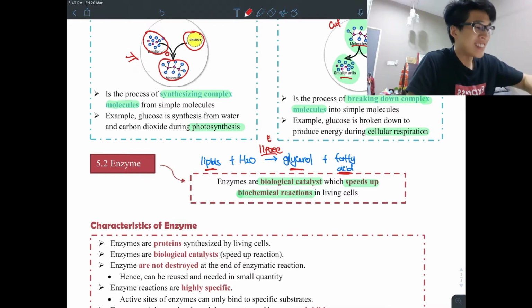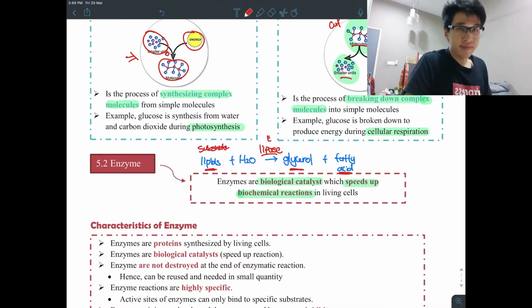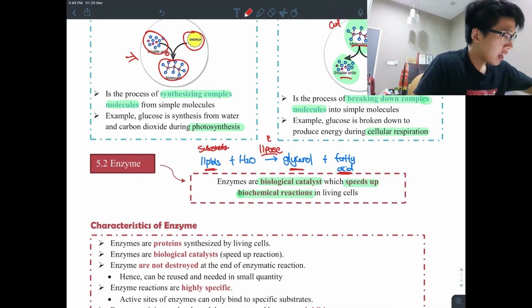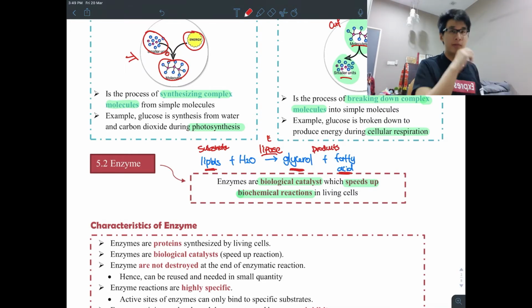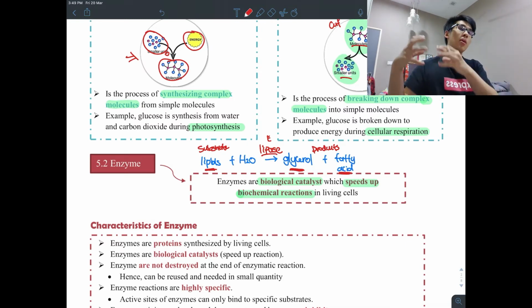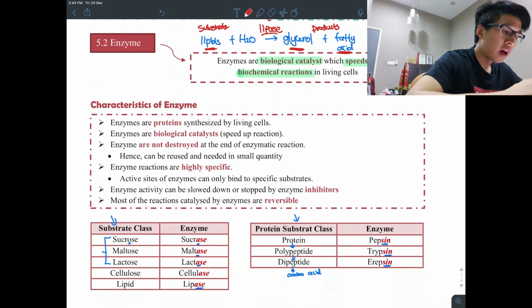The food that is digested by the enzyme, such as lipid here, is called your substrate. The substrate that is broken down into these 2, fatty acid and glycerol, is called your products. So basically, an enzyme breaks down substrates into products.